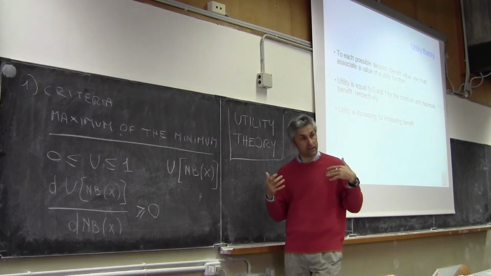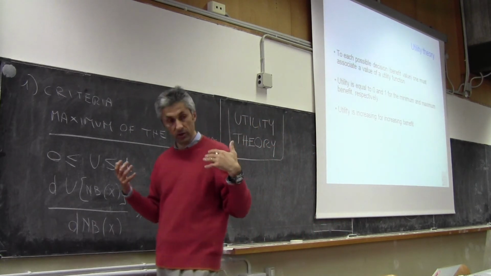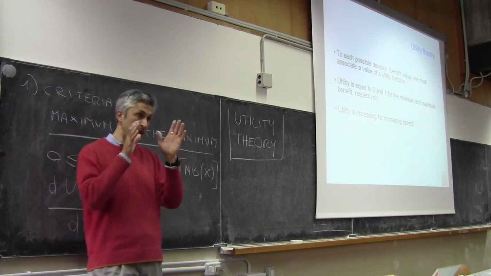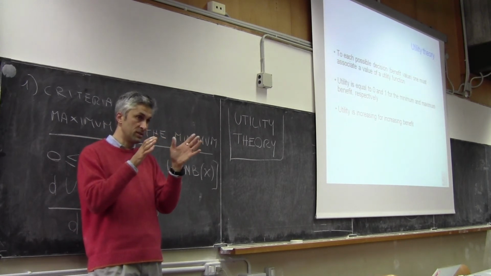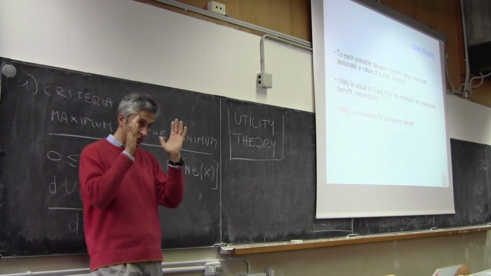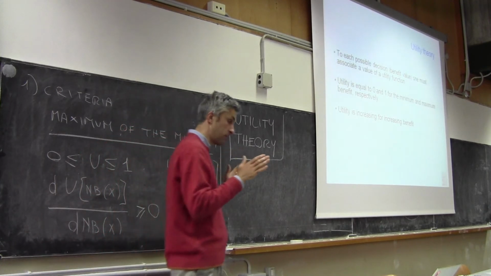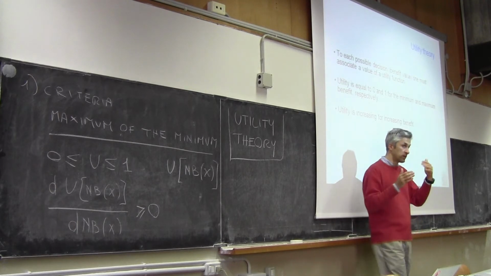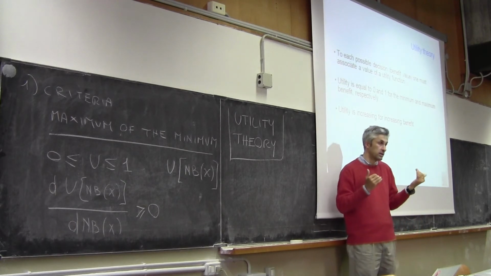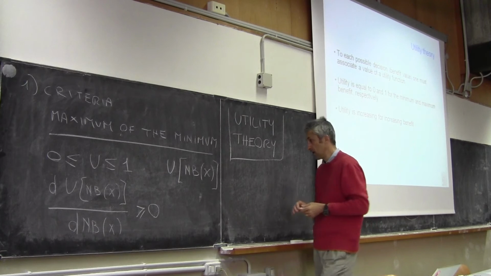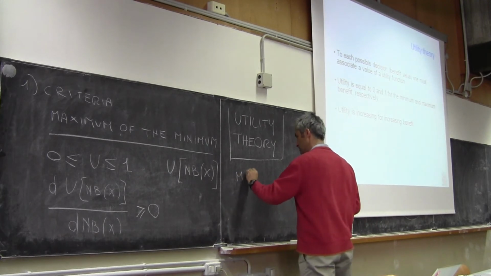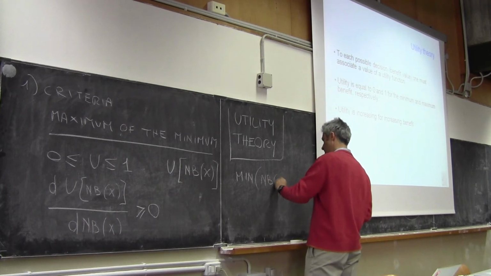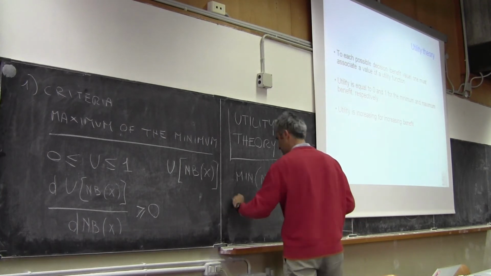So we have to identify the options, the possible choices, and then we have to identify the benefit that corresponds to any choice, any possible allocation, any possible decision. And therefore, once that we have identified the benefits, it's clear that we will be able to identify a minimum benefit and a maximum benefit.